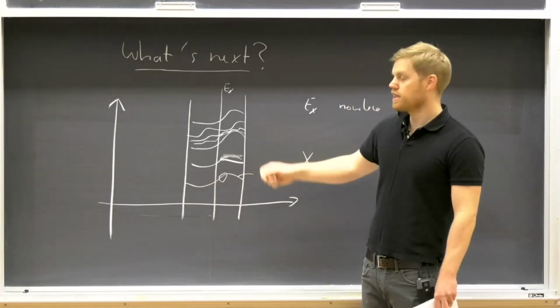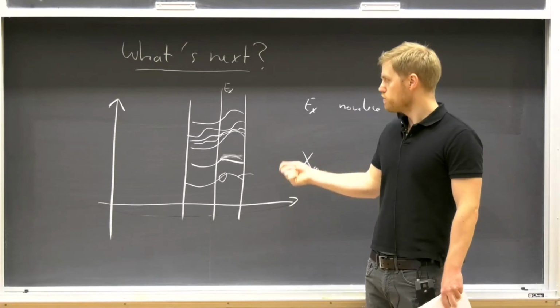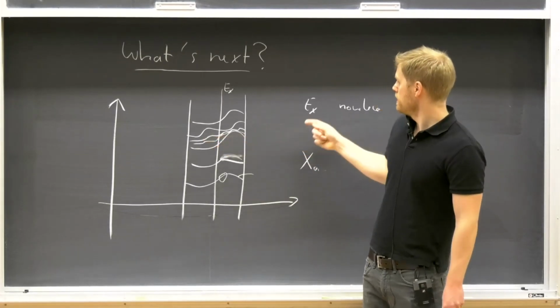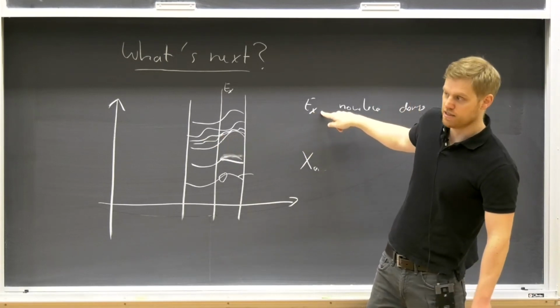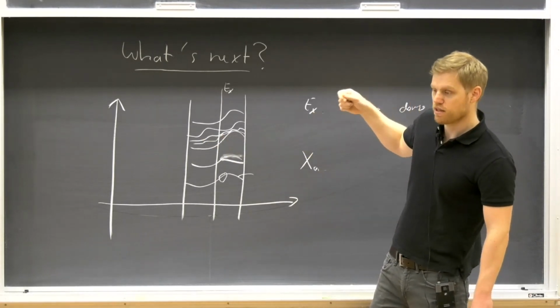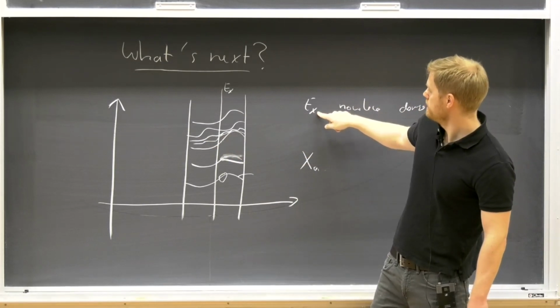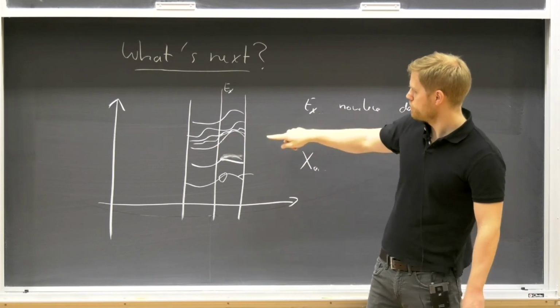But in this kind of setting, there's literally no hope to do even that, because we have these limit lines here. You could have, let's say, this E_X could be a Cantor set. And in this Cantor set, you have these limit lines, interior points in some sense.